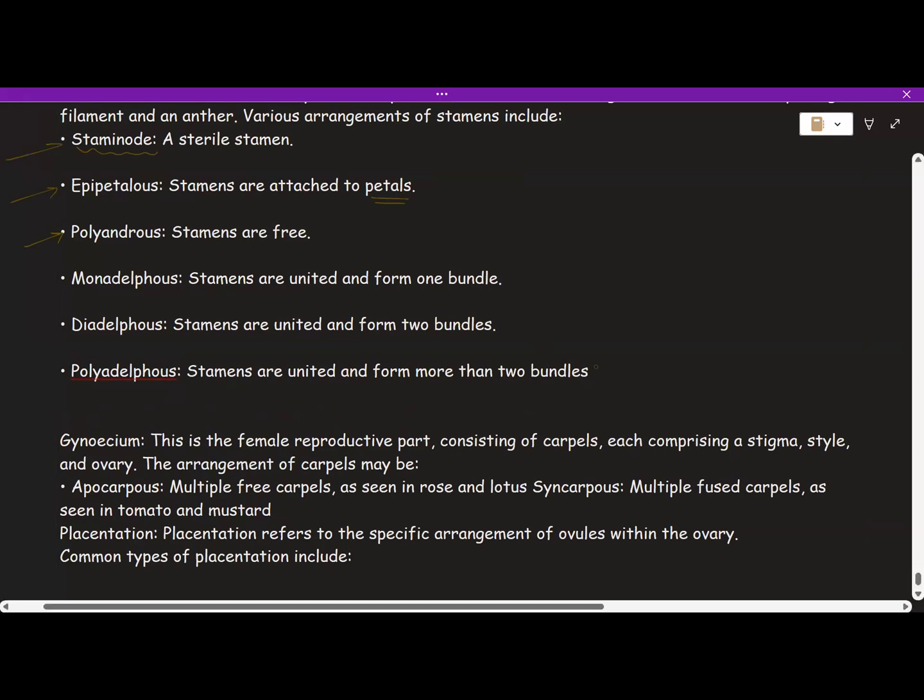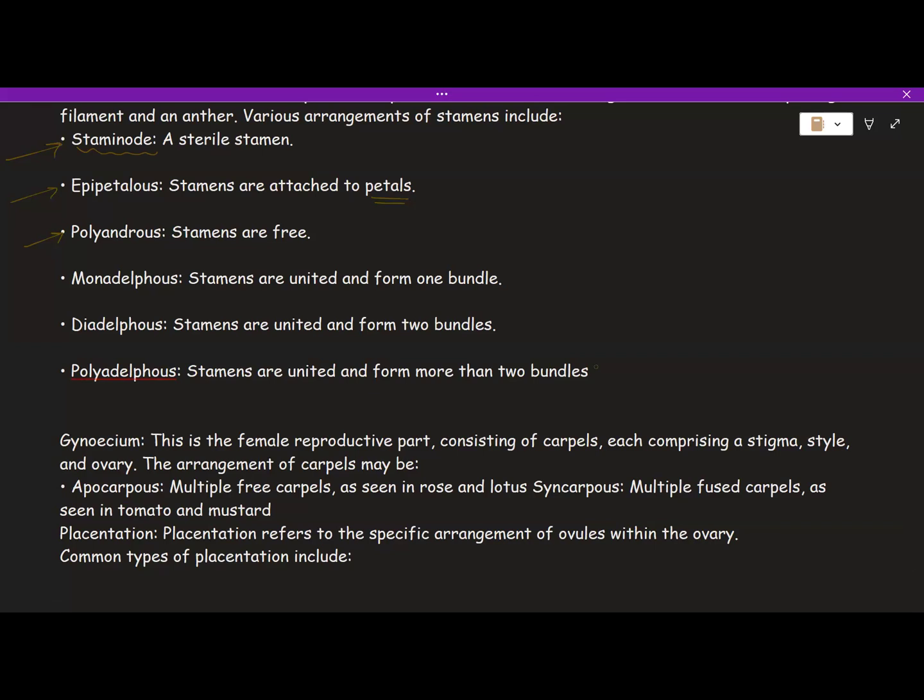Now when we talk about polyandrous, poly means multiple, but in this case, like how we studied gamosepalous, polypetalous, all of that, the same way in the case of the stamens also you'll find terminology, wherein polyandrous refers to the stamens that are not fused. They are free. Then comes monodelphous.